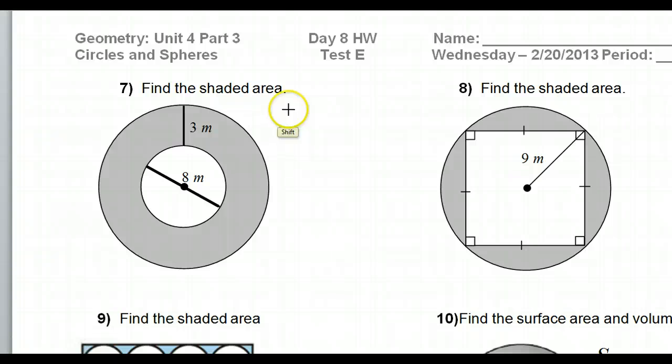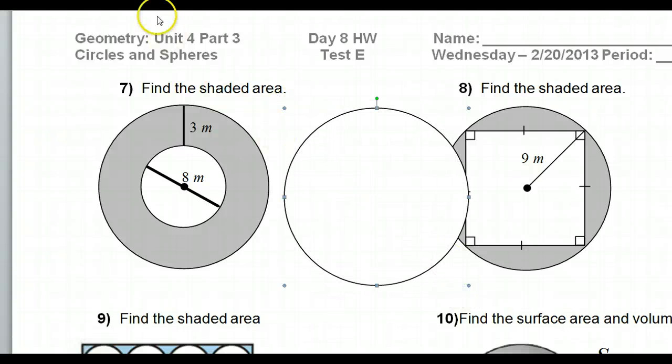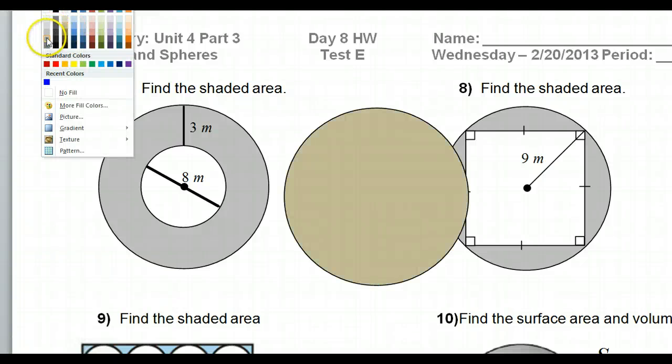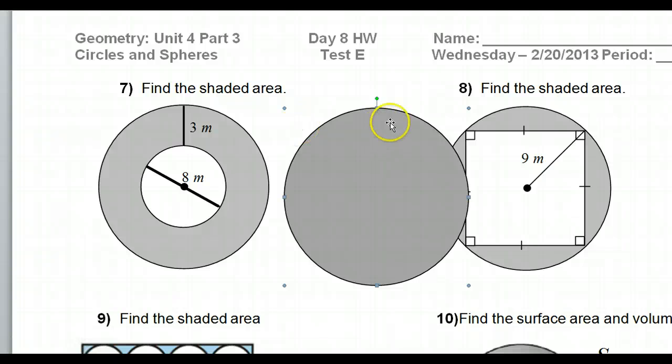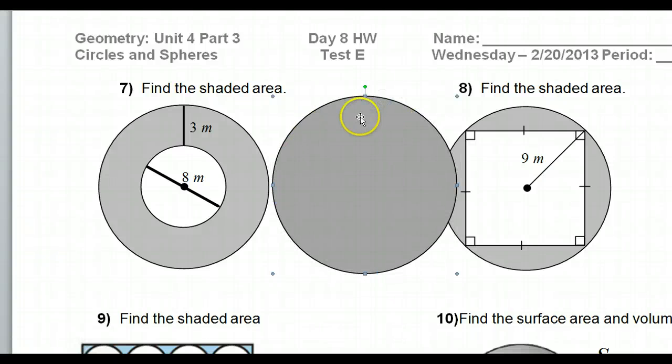If I can just demonstrate, you can imagine that this shape was created by starting with some big old circle like that. Alright, that's a big circle. And then there was a smaller circle that came along, something like this. And that circle is blocking out or subtracting.